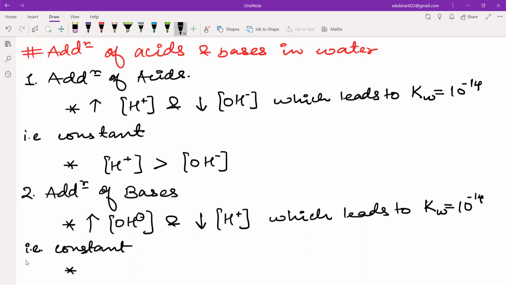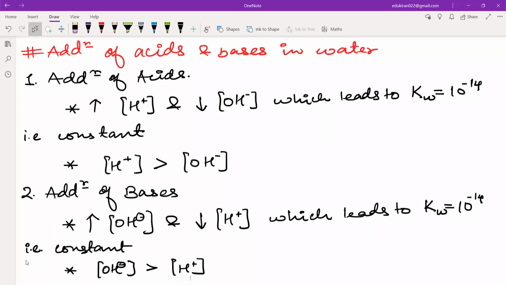And in this case, the concentration of OH negative is going to be greater than the concentration of H positive. Okay, write this down. Let me know if you're done.